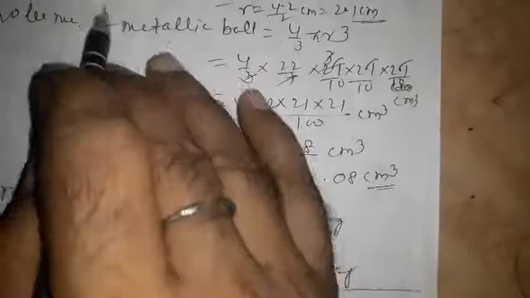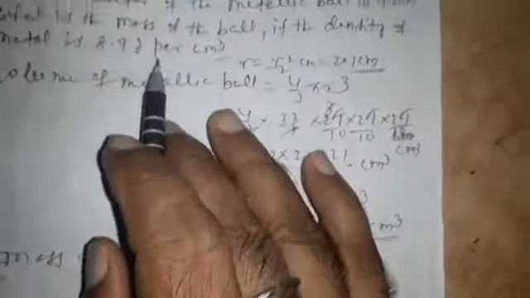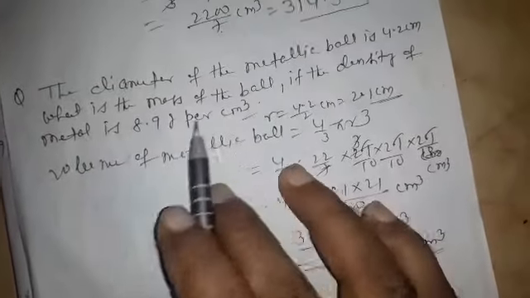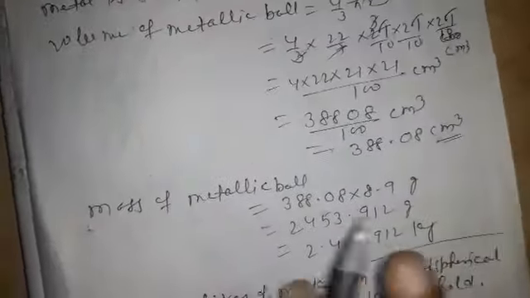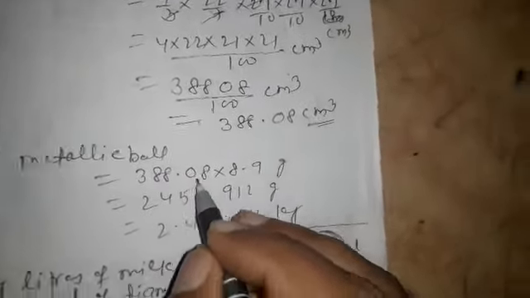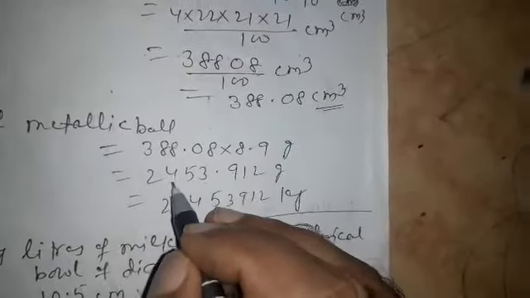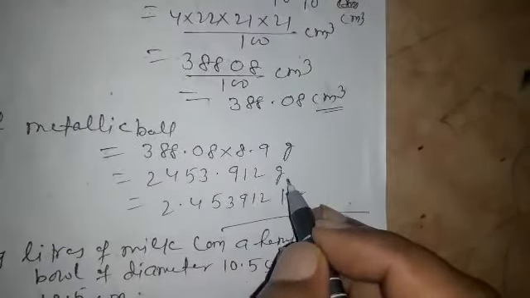Now we have to find the mass of the ball. The density is given as 8.9 gram per centimeter cube, which means the weight of 1 centimeter cube of the ball is 8.9 gram. So the mass of the metallic ball is 388.08 into 8.9 gram, and this is equal to 3453.912 gram.